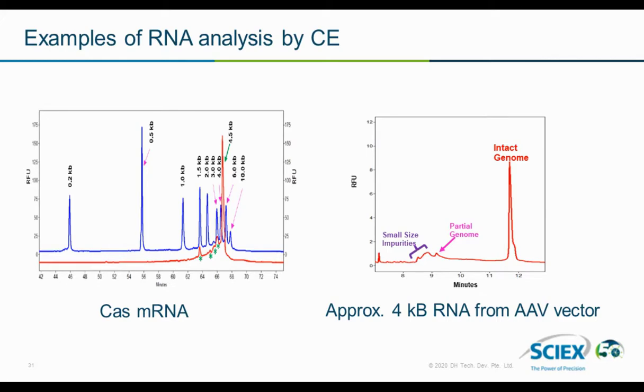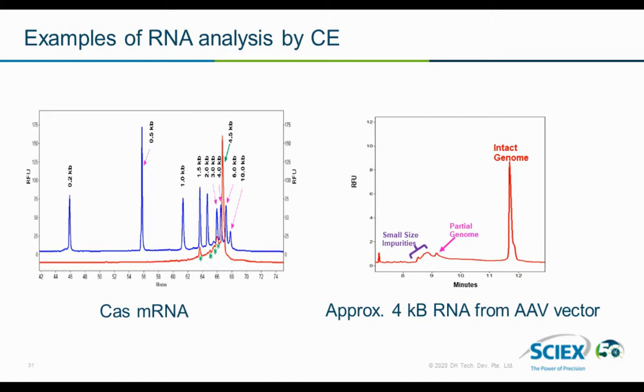And here you can see the intact genome of the genetic material held within the viral vector, and the partial genome, single small impurities around about 9 minutes, with the main peaks around about 12 minutes. In this case, the intact genome is around about 4 kilobase in size.